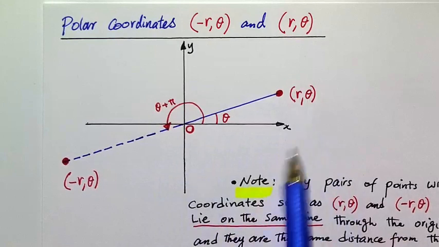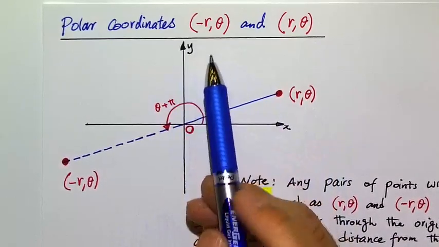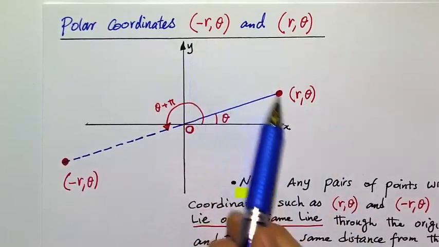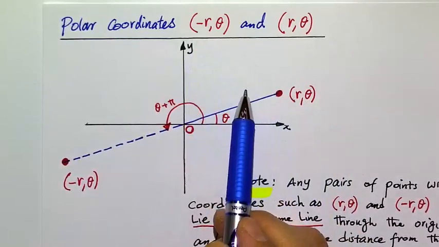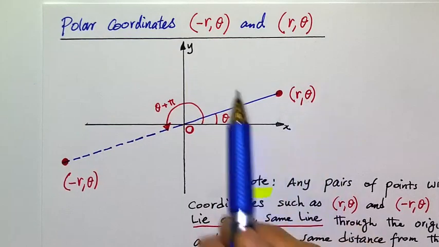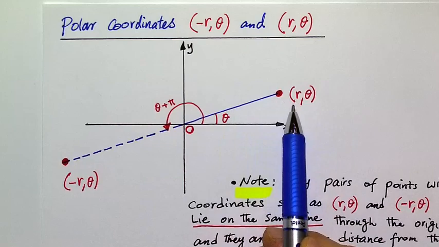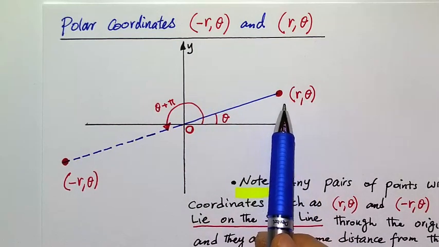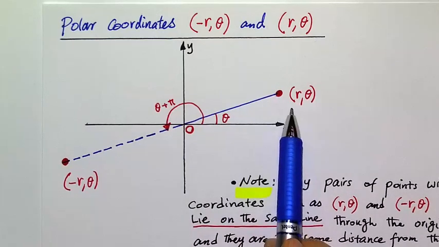Now, if we have a point such that the theta stays the same, but the r value changes to something negative, let's say if this was 2 comma pi over 4, and we switch that to minus 2 comma pi over 4, so the r becomes negative from 2 to minus 2.